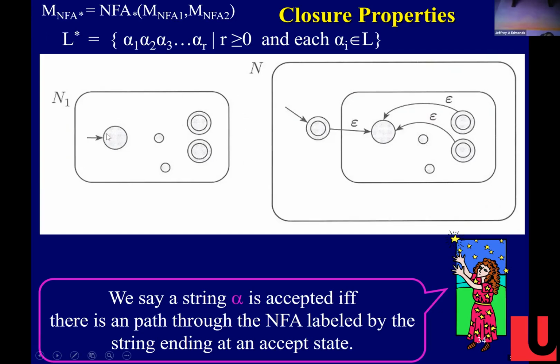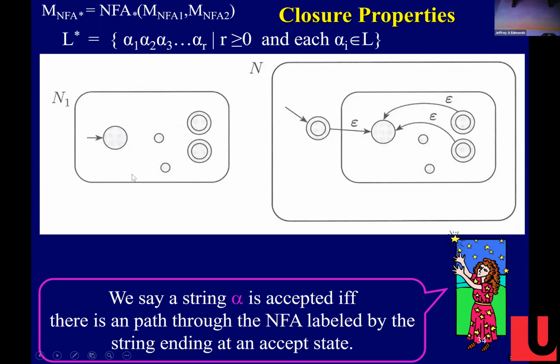I give you an arbitrary NFA. It has a bunch of states, a bunch of edges, a start state, and some accept states. I take a machine here, and I want to build a new machine. How do I build a new machine? Take the previous machine and copy it over here. In fact, you can do this on a test. On the test paper, what I like to do is not copy it at all.